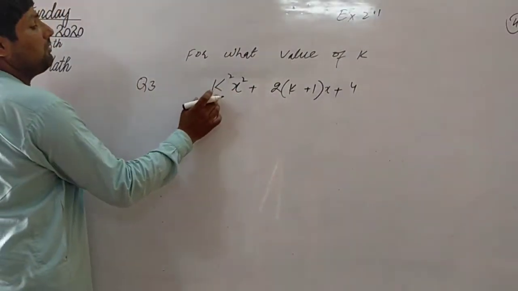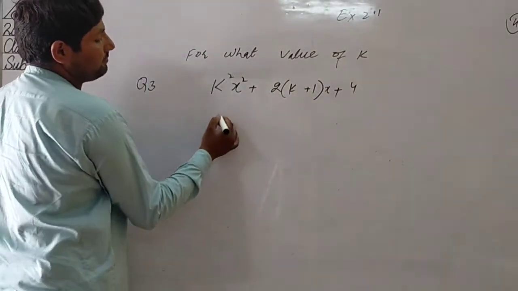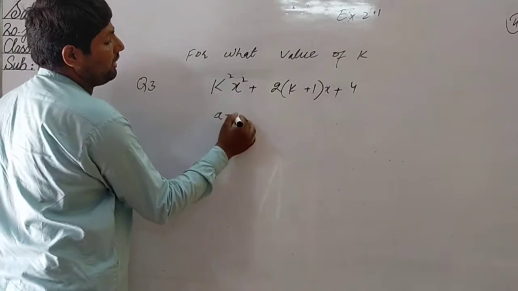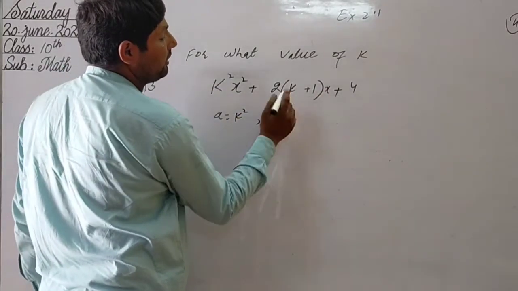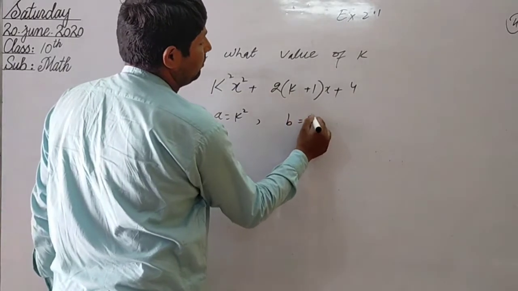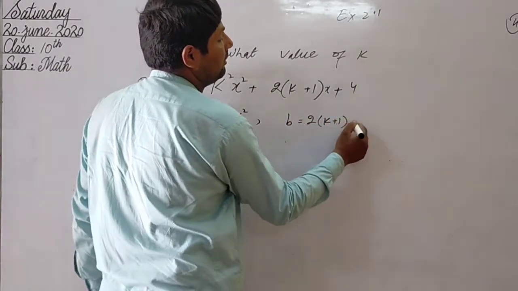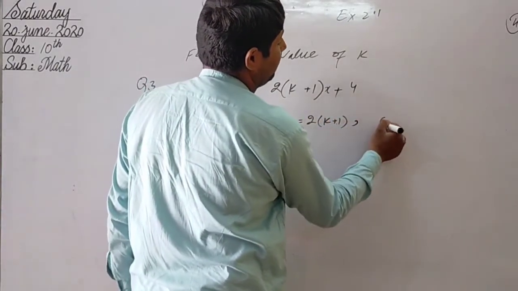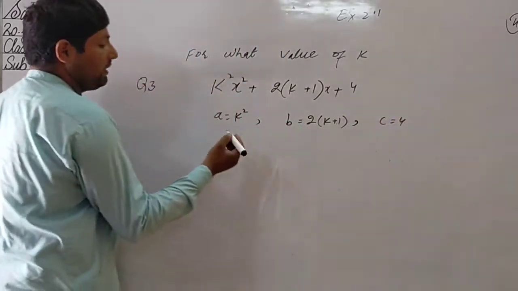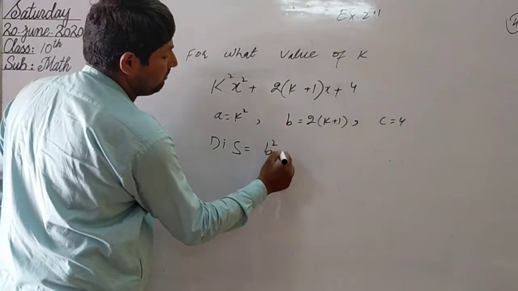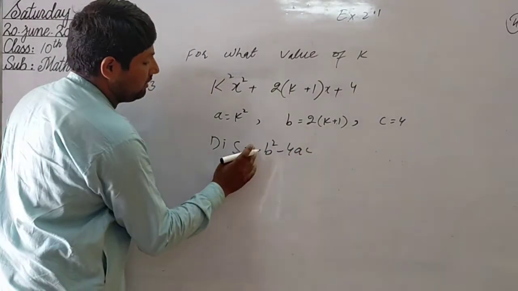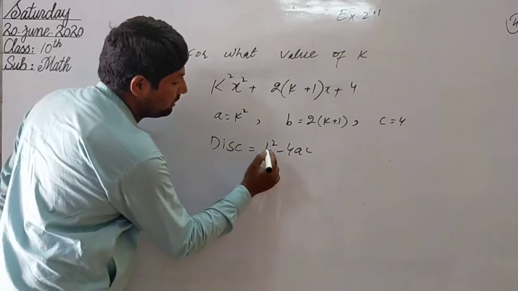To find the value of k, a is equal to k square, the coefficient of x square, b is the coefficient of x, 2 into (k plus 1), and c is the constant term. Applying the formula discriminant is equal to b square minus 4ac.